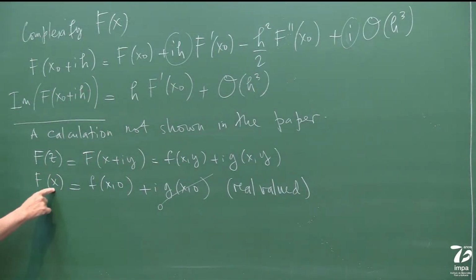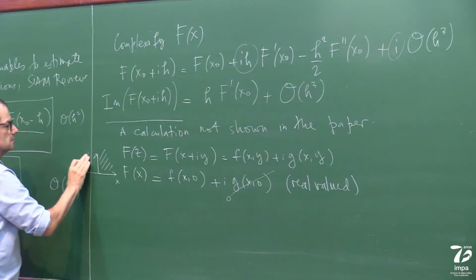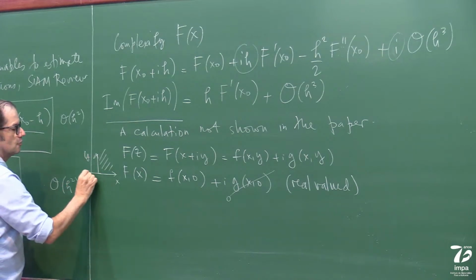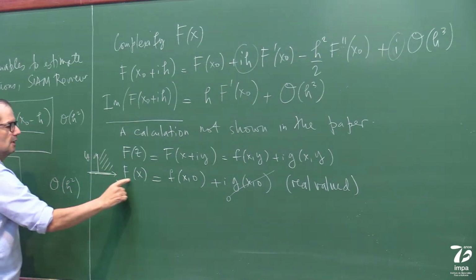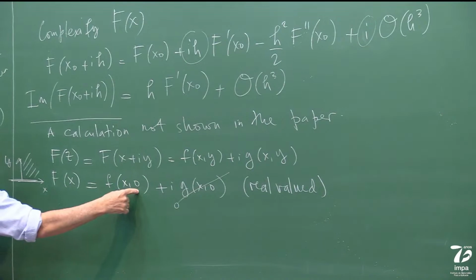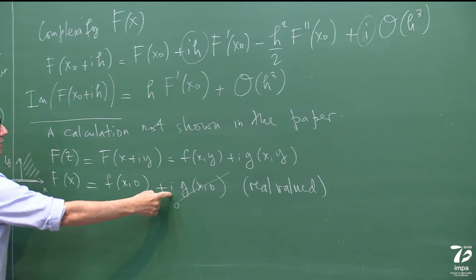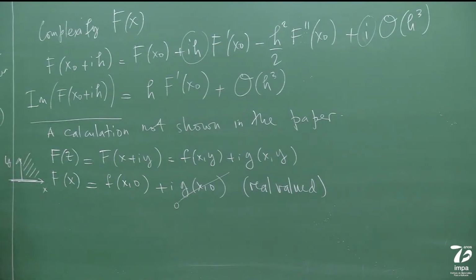If this is real valued, that means, right, I'm saying like this. x, y, I'm in the upper half plane. And the trace of the function here, f of x, is f of x, 0. Since it's real valued, there's no imaginary part. g is 0. Okay?